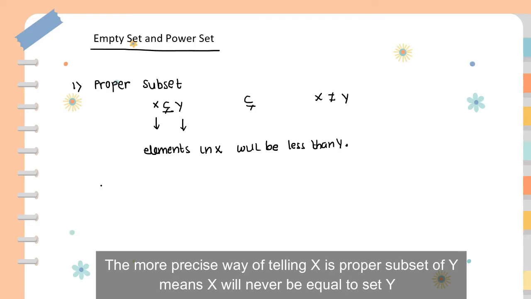Let us assume two sets, that is y is 1 2 3 4 and x is 1 2 3. Then we can say x is a proper subset of y. Or if x is 1 2, then we can say x is a proper subset of y, or x is 1 here, then we can also say x is a proper subset of y. So this was a very generic idea about proper subset.